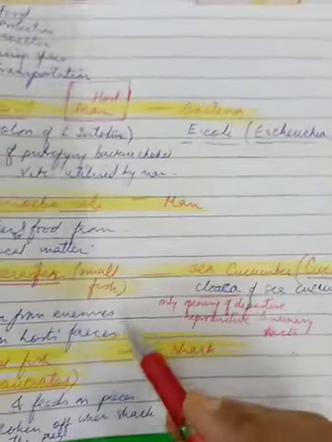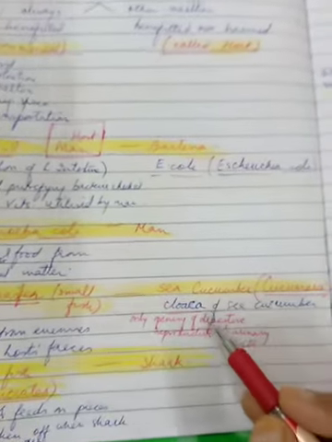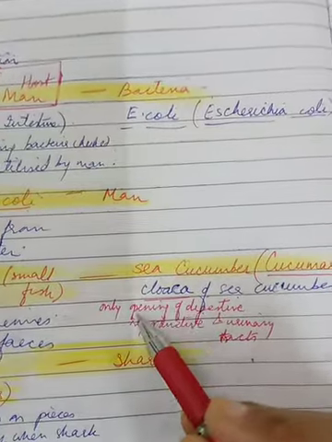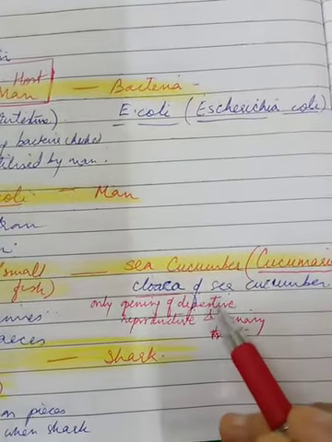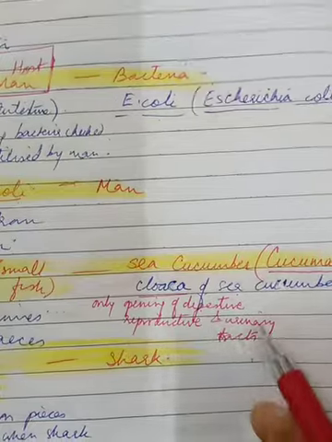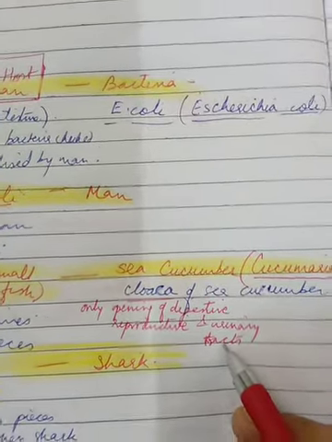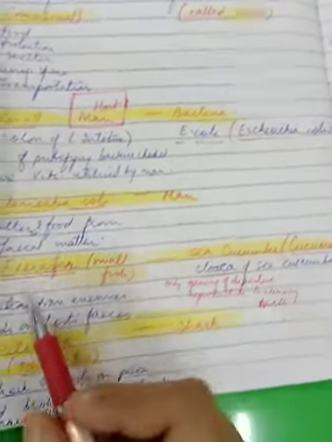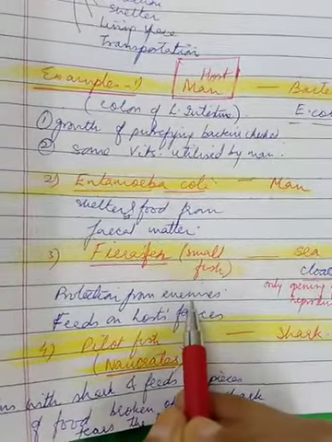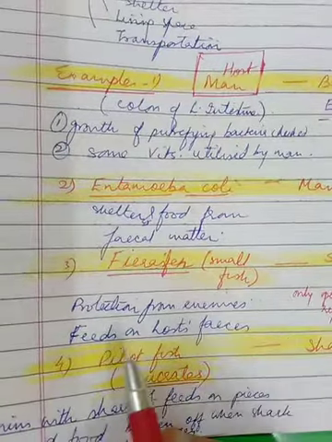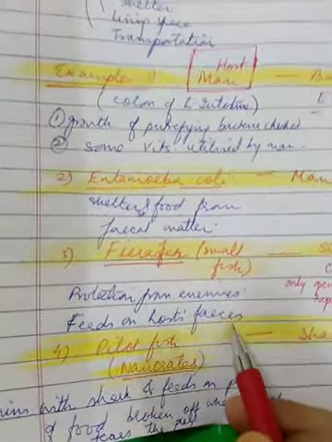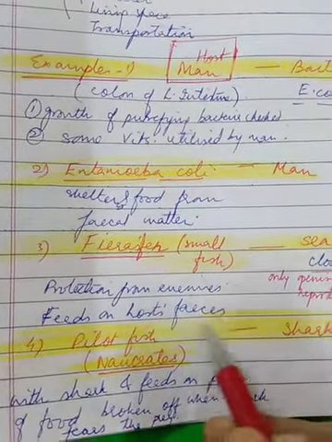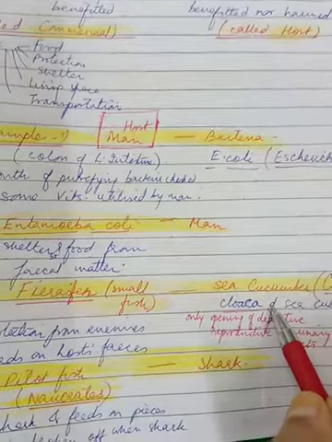Now, this small fish lives in the cloaca of the sea cucumber. Cloaca means the only opening of, let's say, the digestive, reproductive, and urinary tracts in the body. When it lives inside the cloaca of the sea cucumber, it gets protection from the enemies. It's getting a safe place and feeds on the host's feces. So what does an organism need to survive? Food and space. So it is getting both in the cloaca of the sea cucumber.